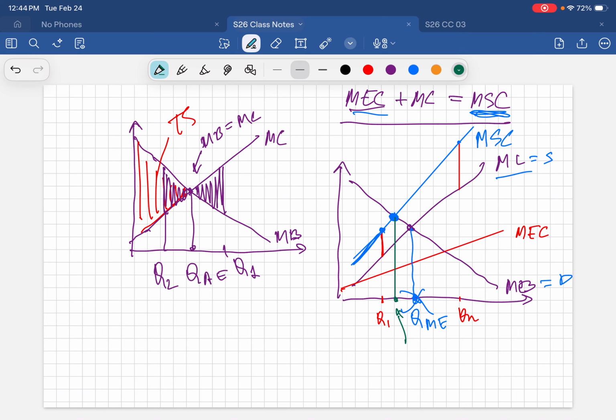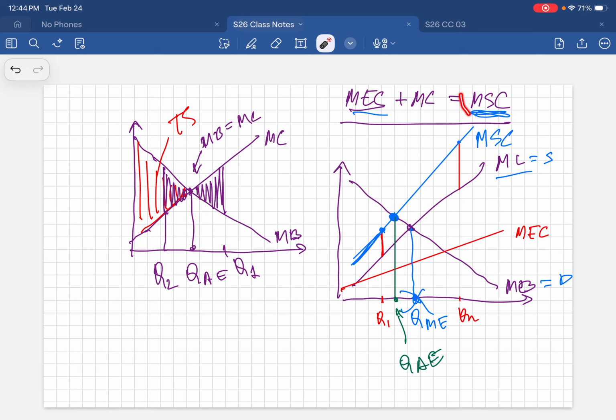So this is the point of allocative efficiency now, when marginal external cost has been taken into account. We came up with marginal social cost that takes care of both costs, external and private, and using it, we can now find the point of allocative efficiency.